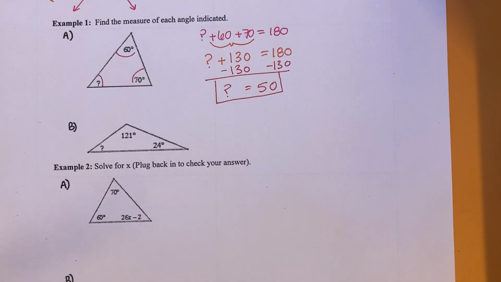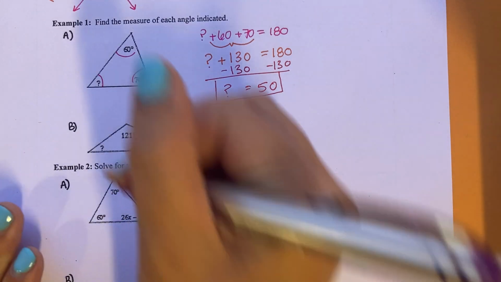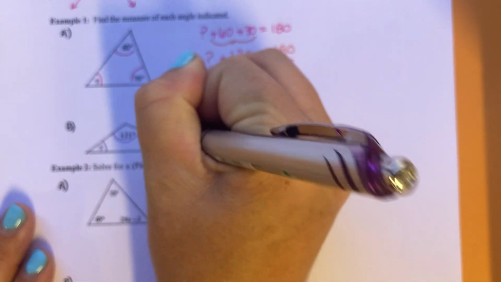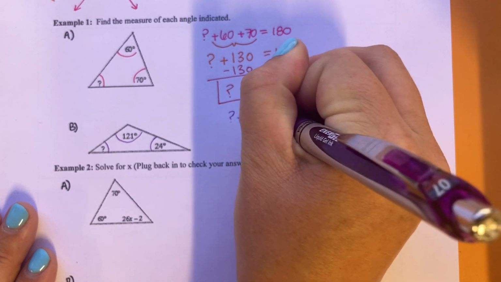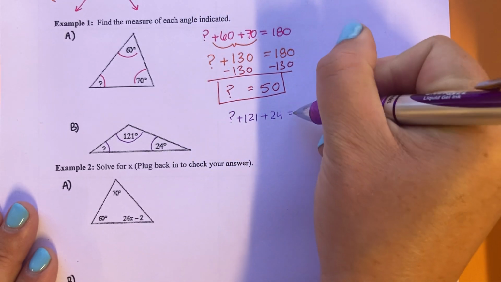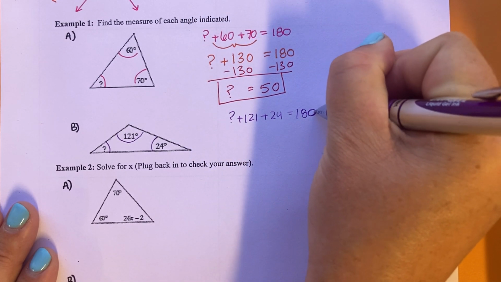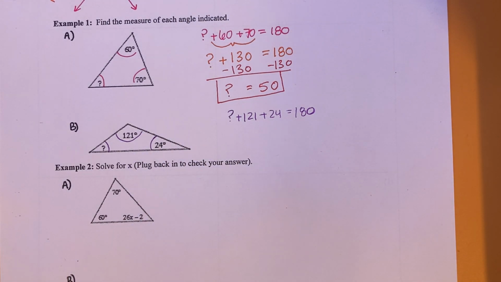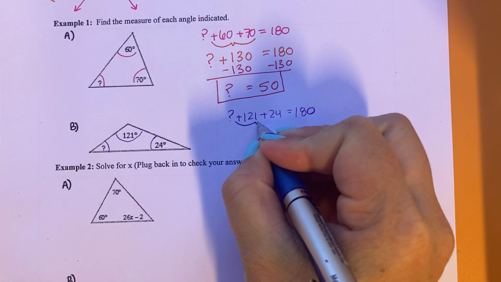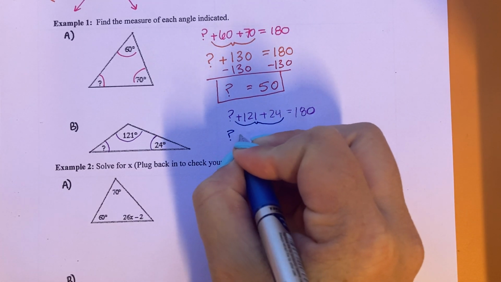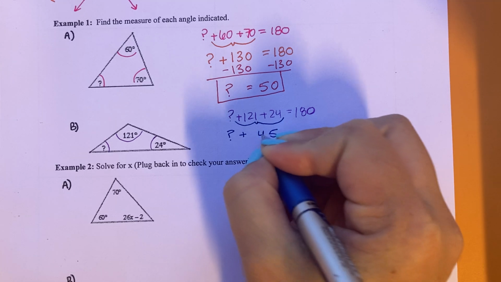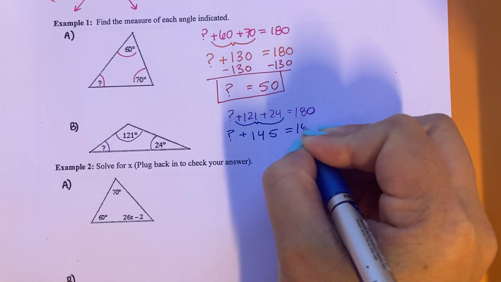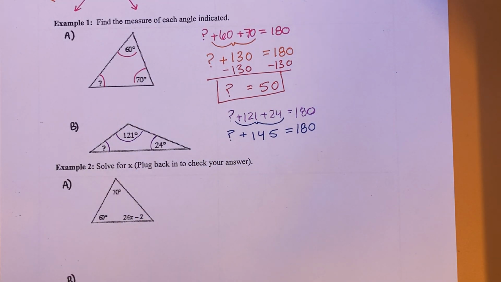Okay, so question B. I have my three interior angles. Question mark plus 121 plus 24 should add up to 180. I combine my like terms. Question mark plus 145 equals 180.